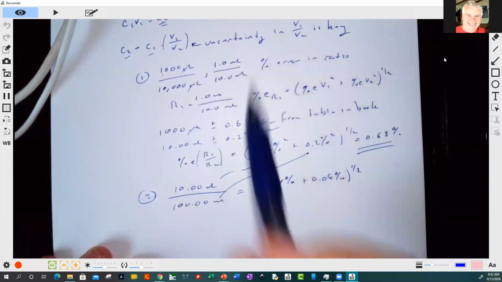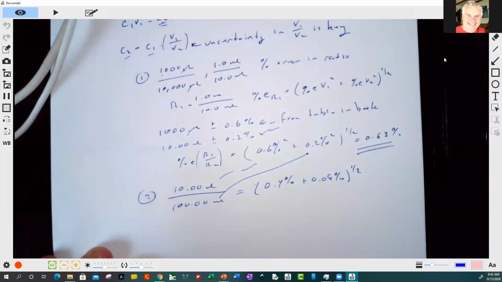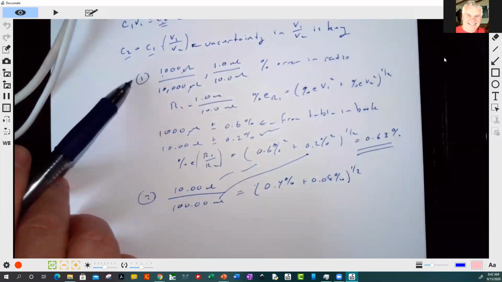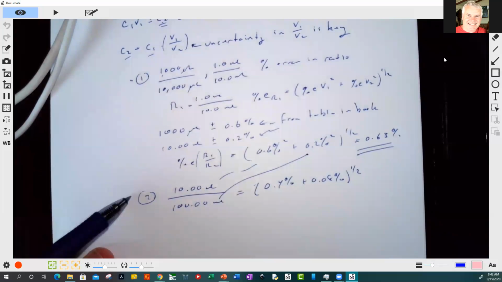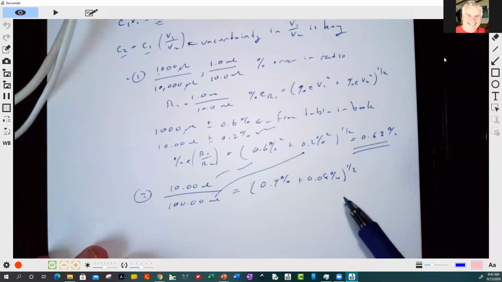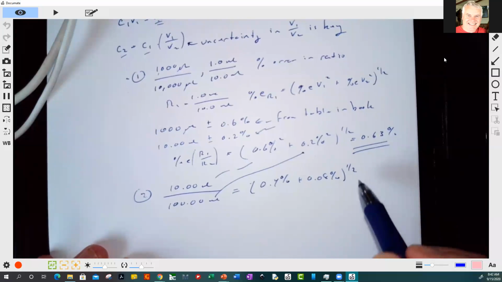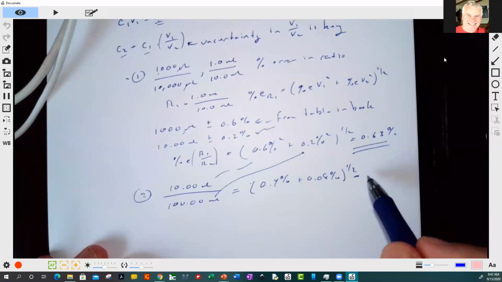So what we're doing here is a small pipette in a 10 mil. This is a larger pipette in a 100 mil. And the last one we'll do is a ginormous 100 mil pipette in a 1,000 mil flask, right? This one here comes out to about 0.4%.